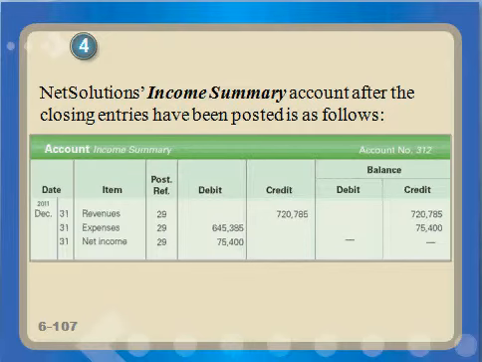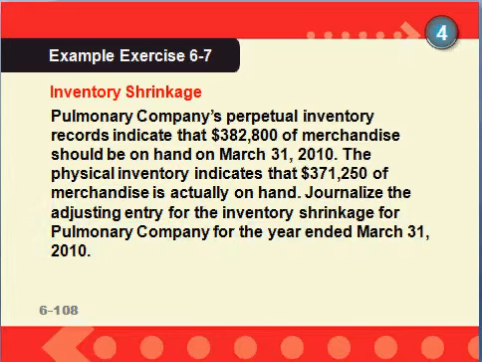Now we're going to take a look at one more example exercise, and this one's on page 274 in your book, and this deals with shrinkage. It says Pulmonary Company's records show that they have $382,800 worth of merchandise on March 31st. However, when they did their physical inventory, it said they had $371,250.